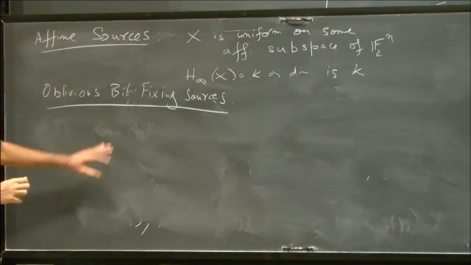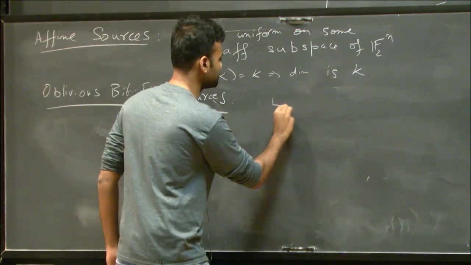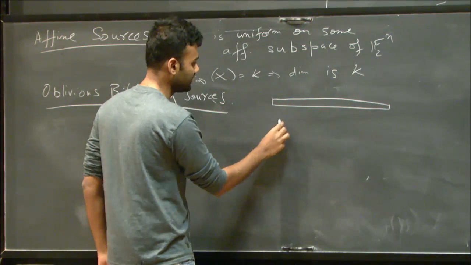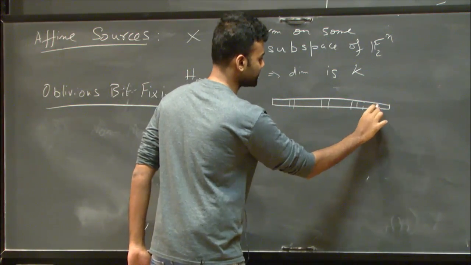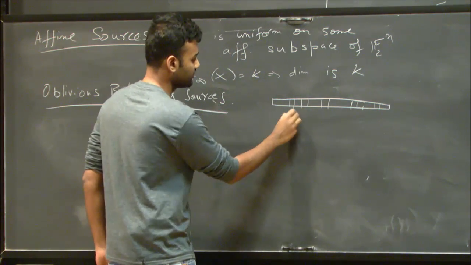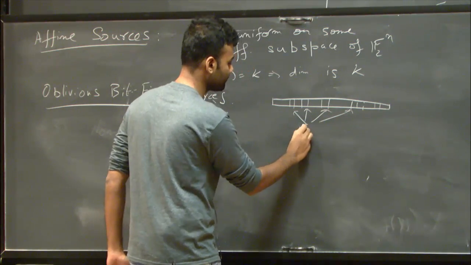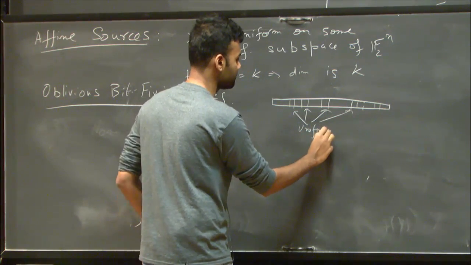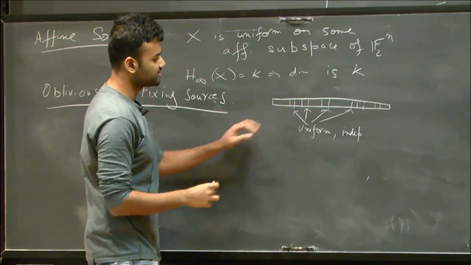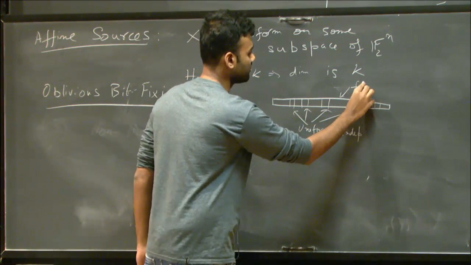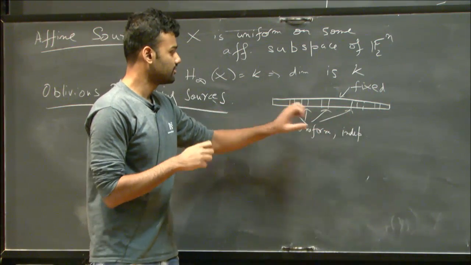And the other thing is oblivious bit fixing sources. They are a special case of affine sources, and it's even much simpler. There are some coordinates which are uniform and independent bits, and the rest are fixed.